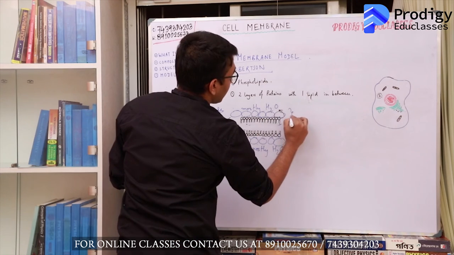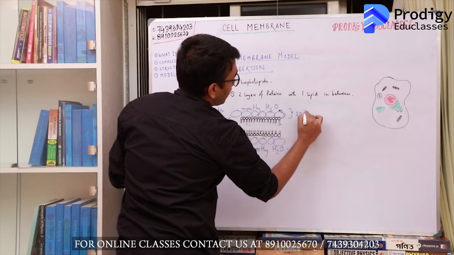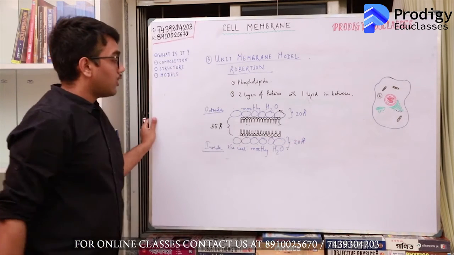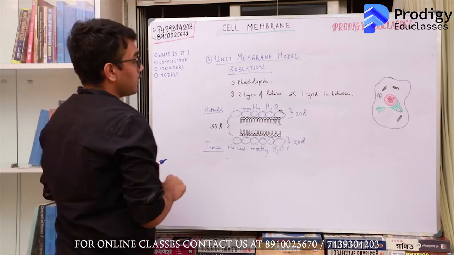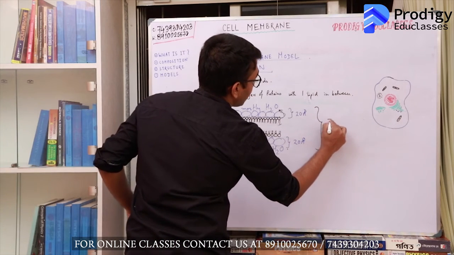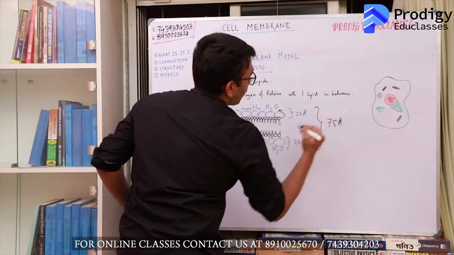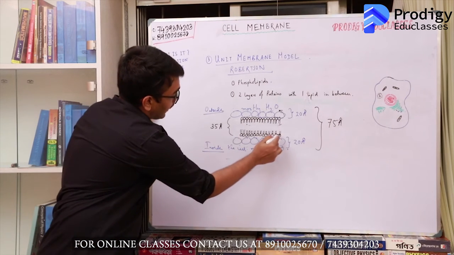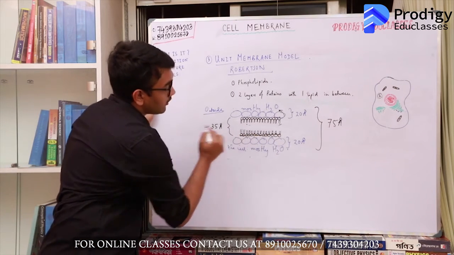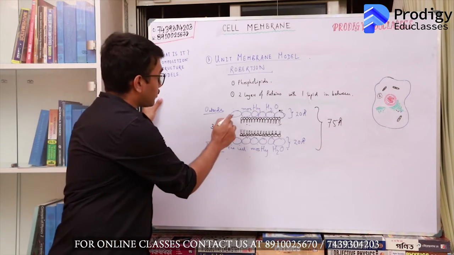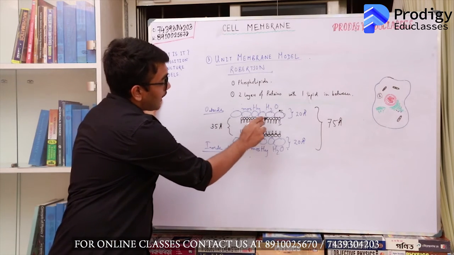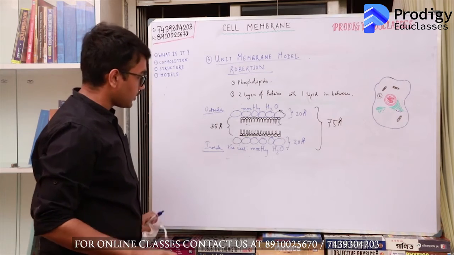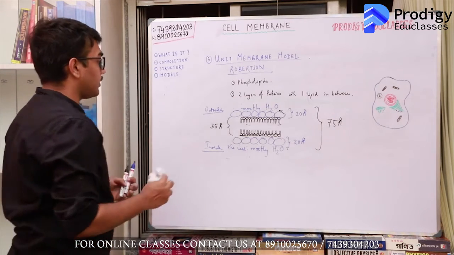These proteins were 20 angstrom thick in each layer. So you now have a cell membrane which had a total thickness of 75 angstrom. Now look at this cell membrane. There is water on the outside and all of the hydrophilic heads are on the outside. Similarly, there is water on the inside and there are hydrophilic heads on the inside. So the cell membrane is stable. This is all Robertson could see.